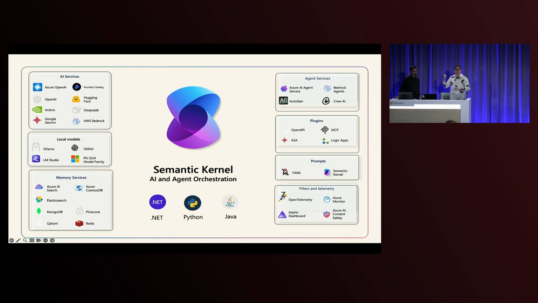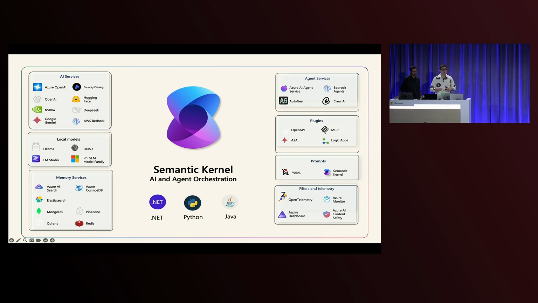You got to see them use it to connect to Azure OpenAI, to Elastic as a memory service, and they're also integrating with a bunch of agent services. Obviously, Azure AI Foundry Agent Service, but even those from our competitors, like Google using A2A or Amazon Bedrock. It's this glue that you can use to talk to pretty much everything.